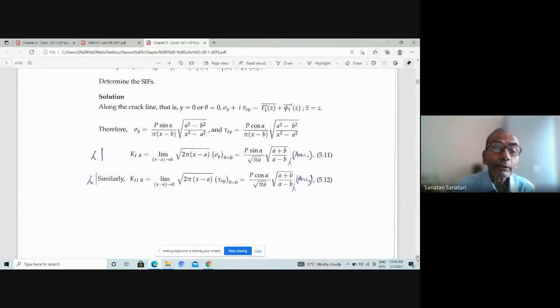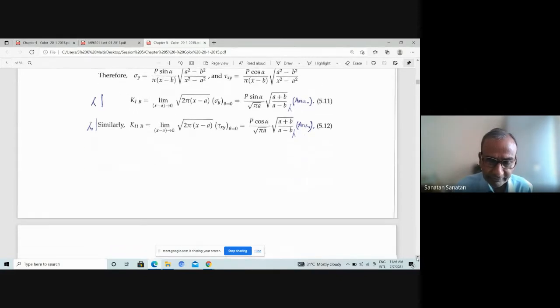In fact, we can obtain the expressions for stresses: sigma y is obtainable, and tau xy is also obtainable. Then you make use of the formula, the limit x tending to a, that means the crack tip is at a. If you do that, again you get the solution for the stress intensity factor easily.